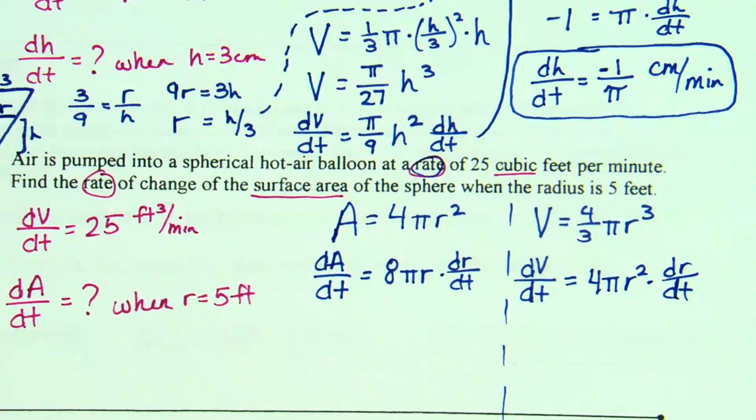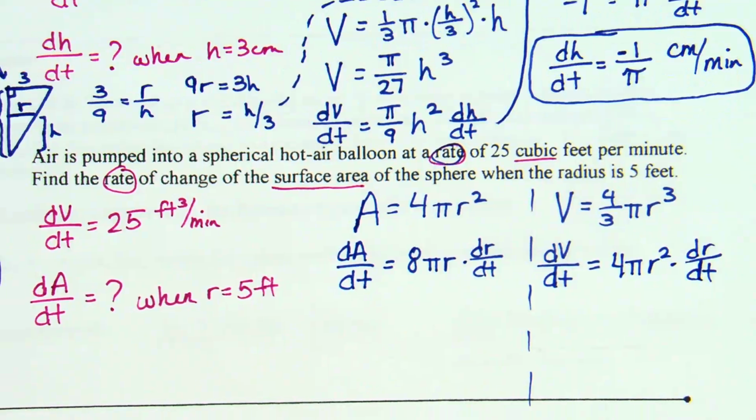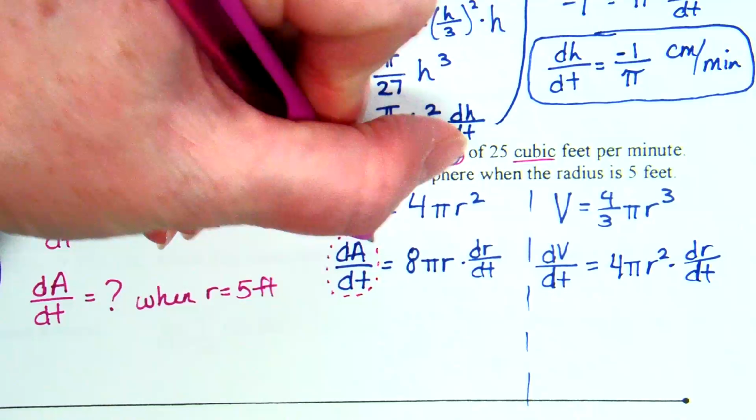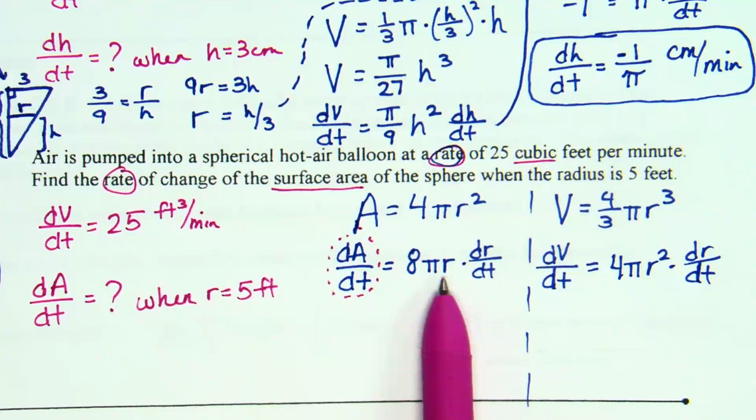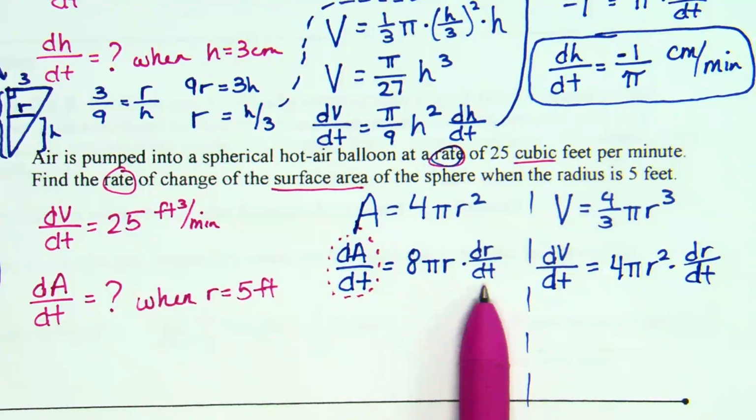Okay, so ultimately, we're being asked to find what? dA/dt when r is 5. So we can plug in a 5 there, yes. But what do we not know? We don't know anything about dr/dt.